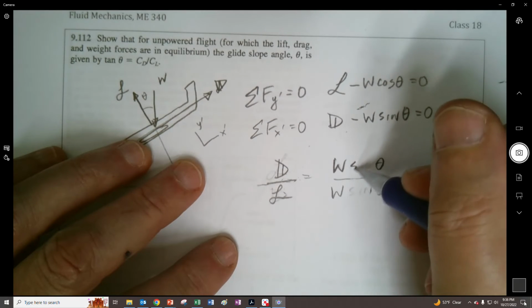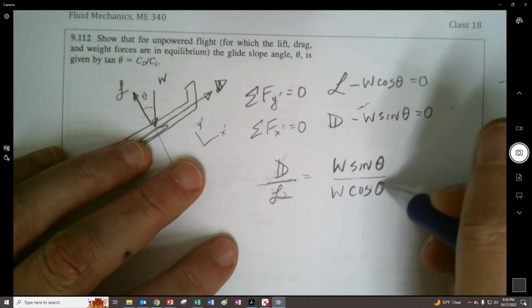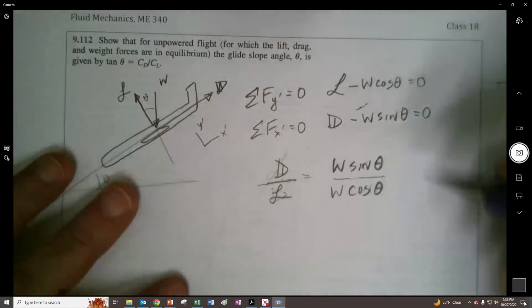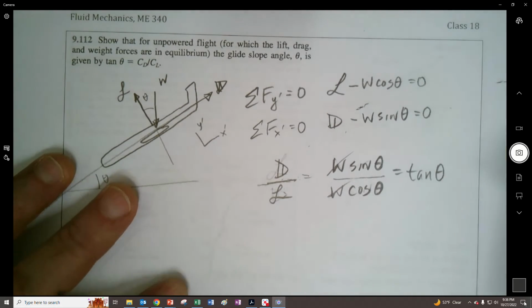And this would have been the sine theta. And this would have been the cosine theta. Okay. And we know that that's going to cancel out and end up being the tangent of theta.